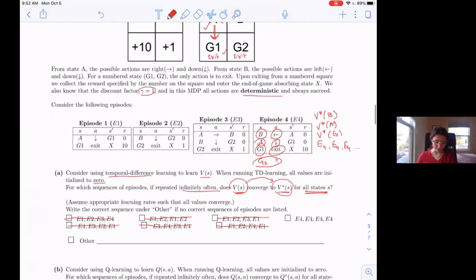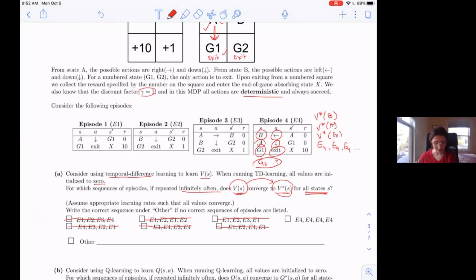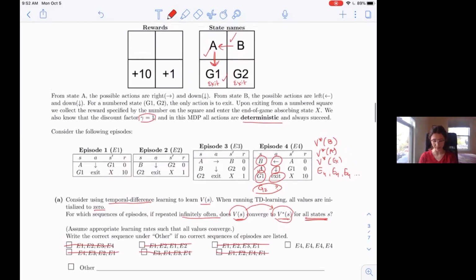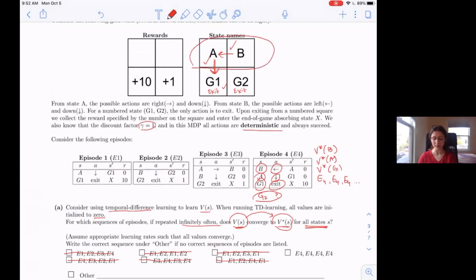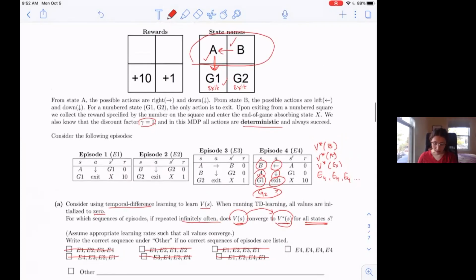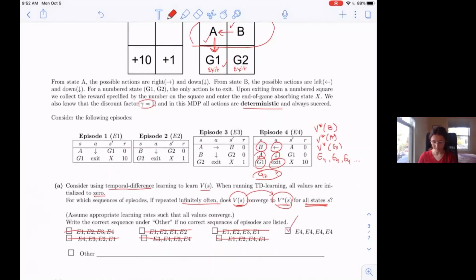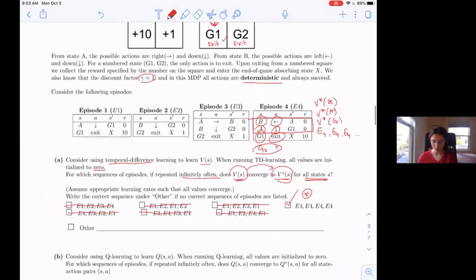So based on this question, if we only cared about having these non-exiting states converge, so just having A and B converge to V star, then it's actually fine to run episode 4 because we are seeing the optimal policy executed from states A and B. So I'm going to check mark this and say this is going to help us converge, but only for states A, B, but not for all states.